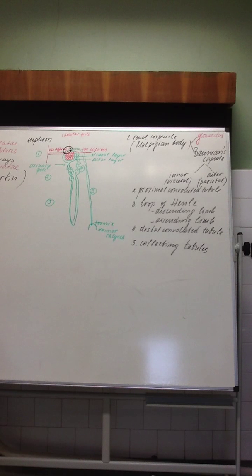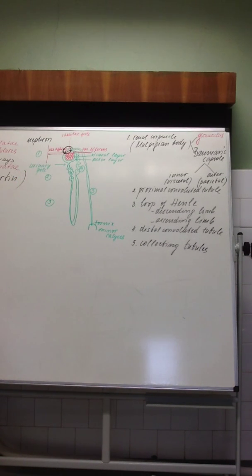The juxtaglomerular apparatus comprises modified smooth muscle cells of the wall of the vas afferens, because this vessel is an arteriole.